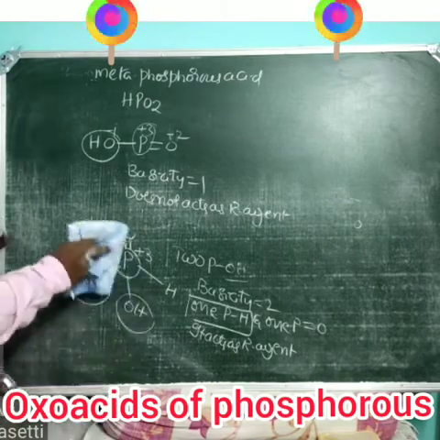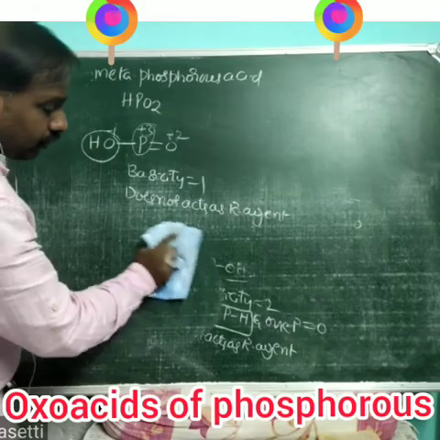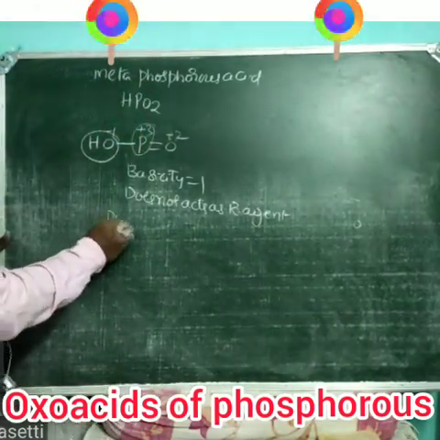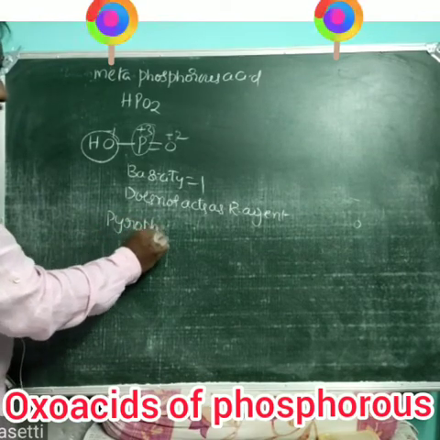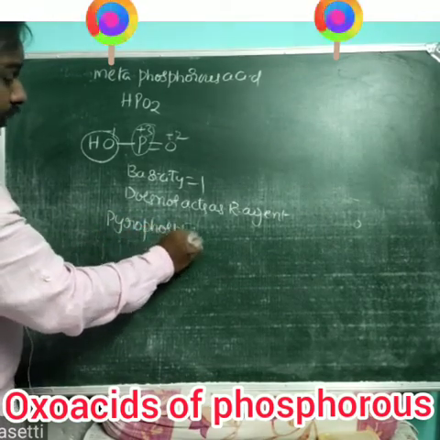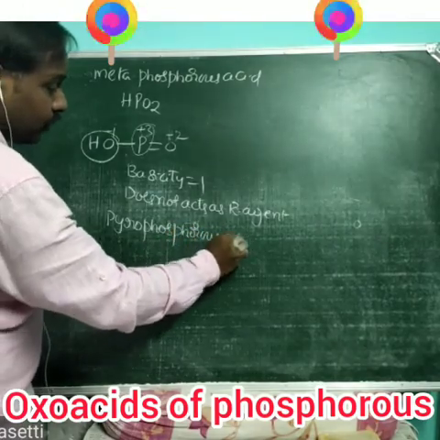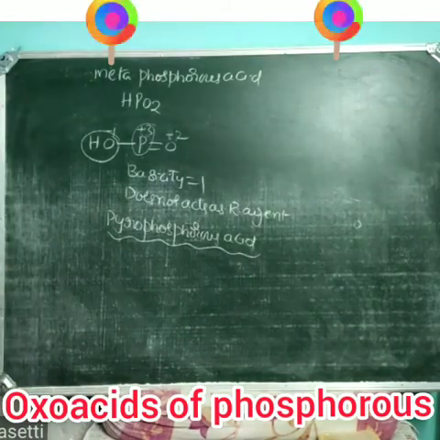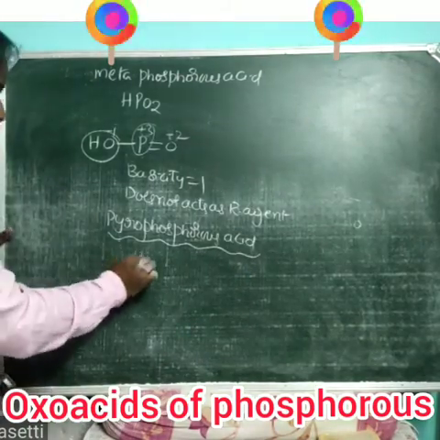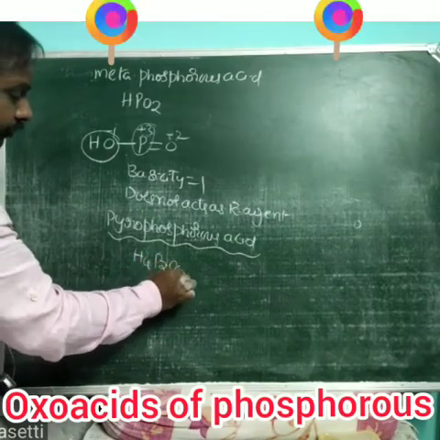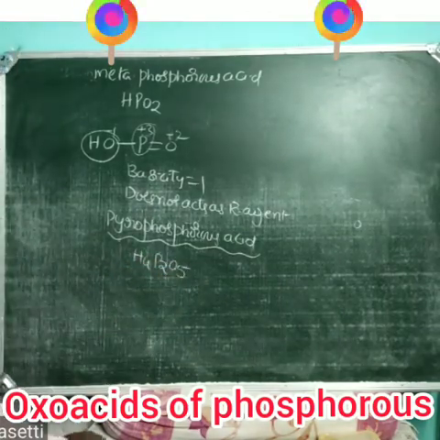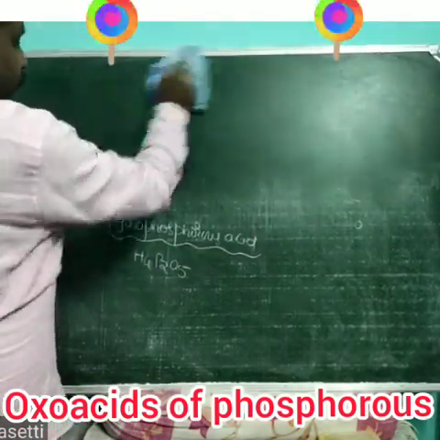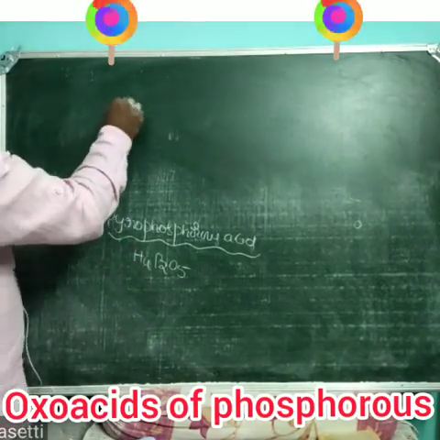Next one, pyrophosphorus acid. Sorry, phosphorus acids, these are all phosphorus acids. The formula for pyrophosphorus acid is H4P2O5. So for the structure of pyrophosphorus acid, write 2 phosphorus.